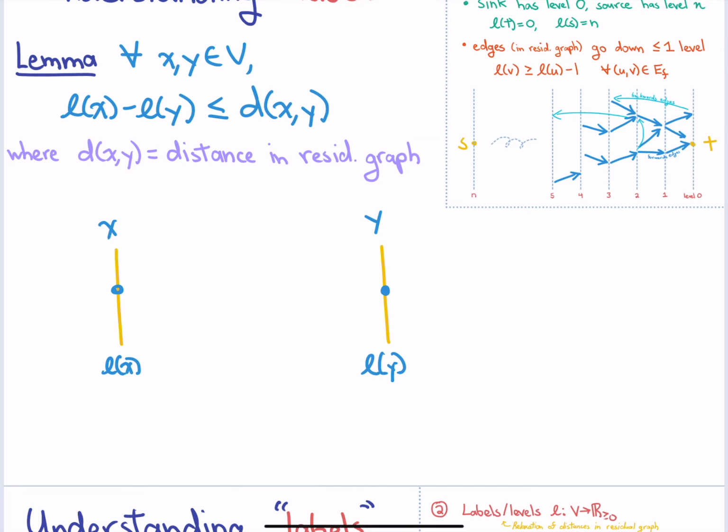And the level of y is less, maybe this is like 2, and the one up here is like 20 or something. Okay. So the claim is Lx minus Ly is at most the distance from x to y. The question is why?